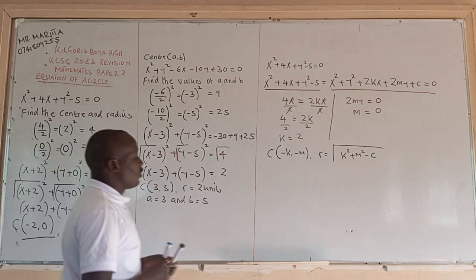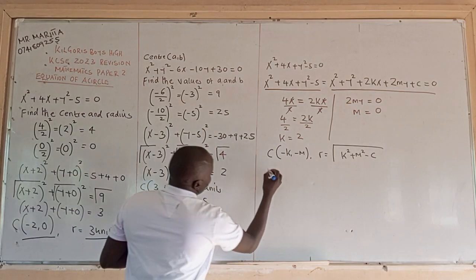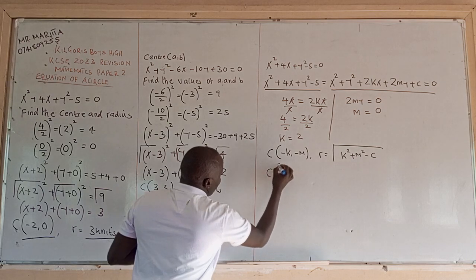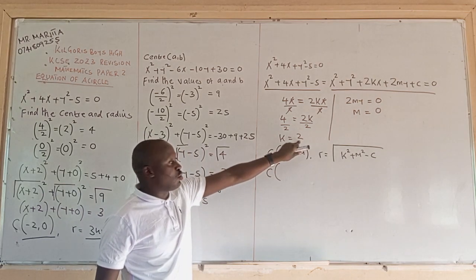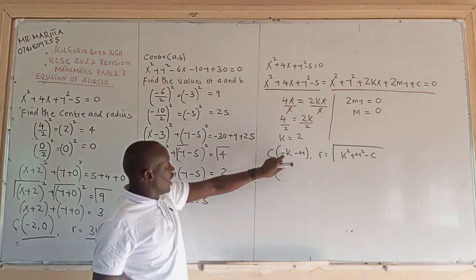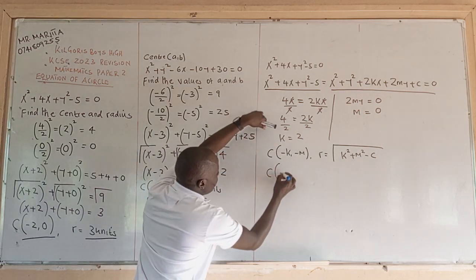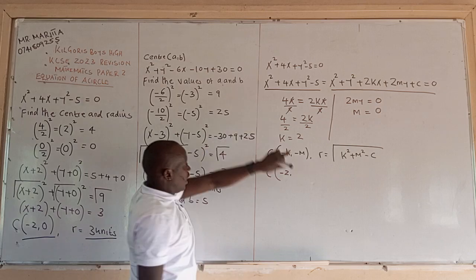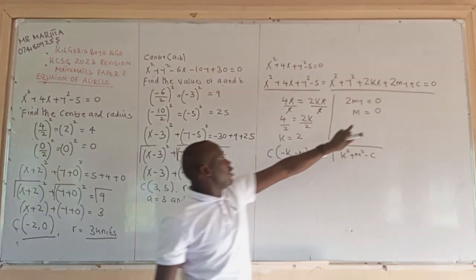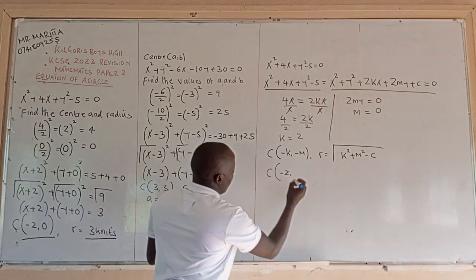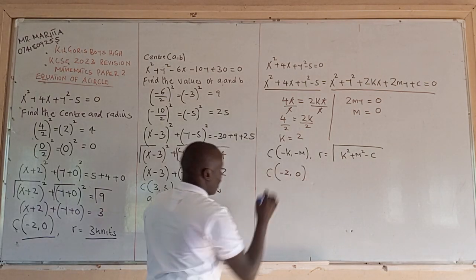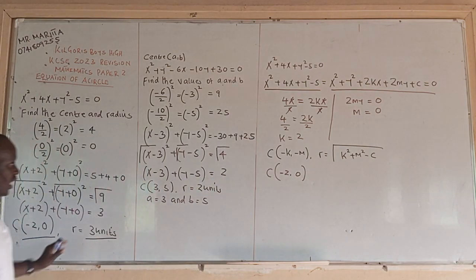So what can we have from here? Our center: the value of k is equal to 2, and negative terms become positive, so we have negative 2. Then the value of m is 0, so negative m is 0. That brings us the center, which is (negative 2, 0).